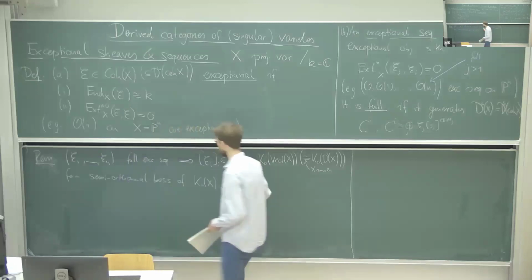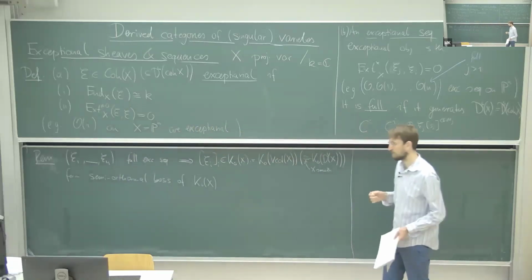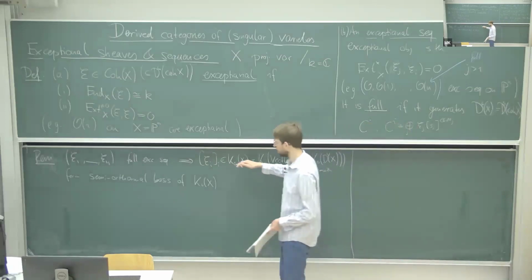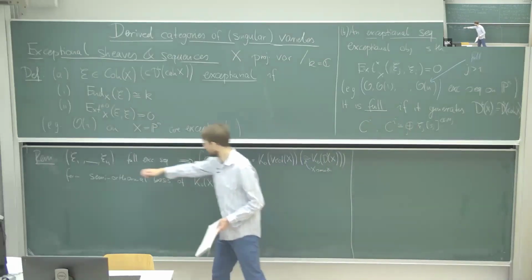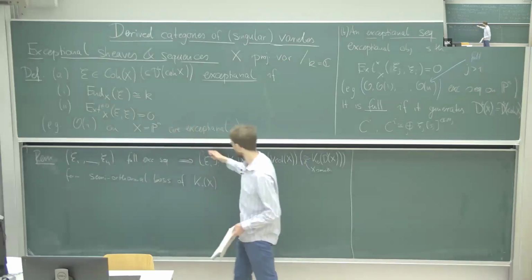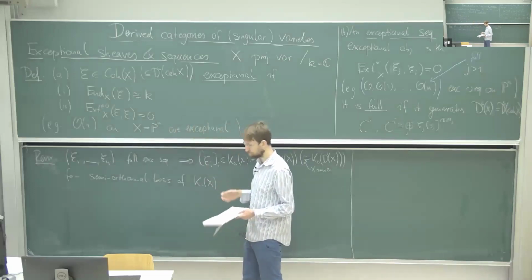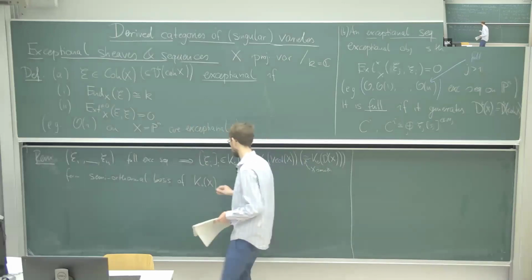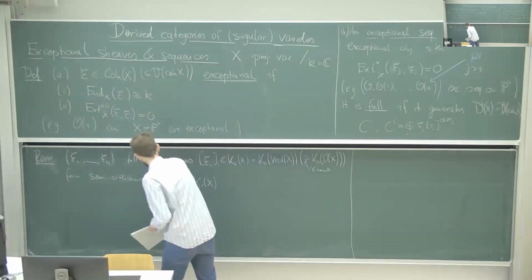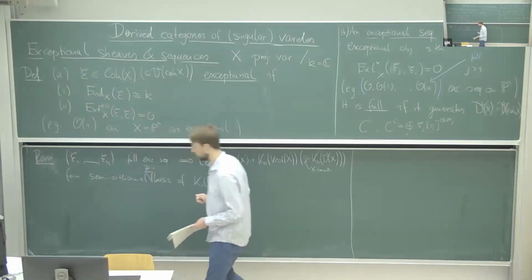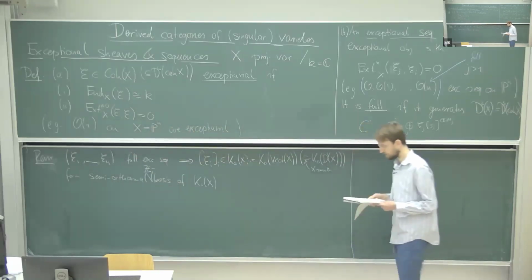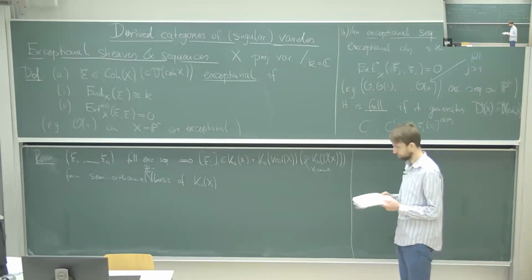So the Grothendieck group, in this case, is a free abelian group of finite rank, and the rank is exactly this n, and these classes are one basis. Maybe I should say here Z basis.